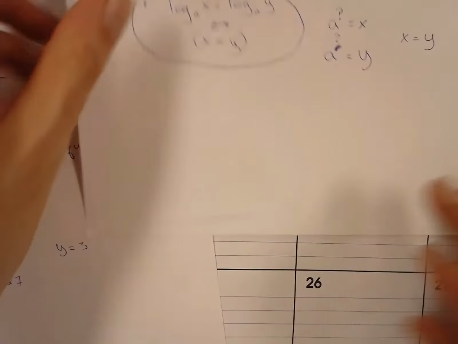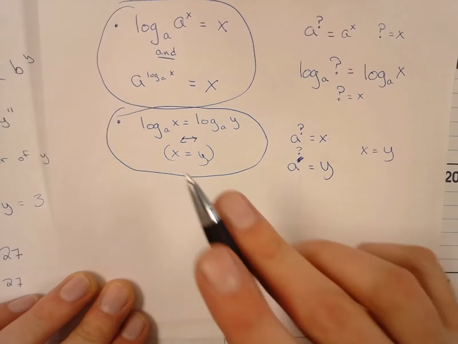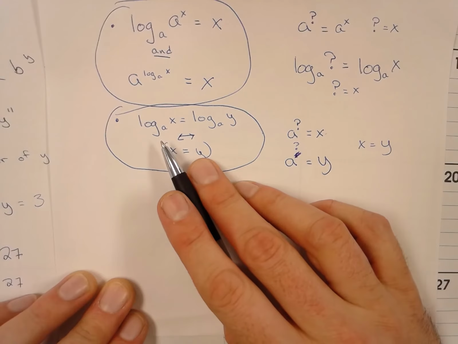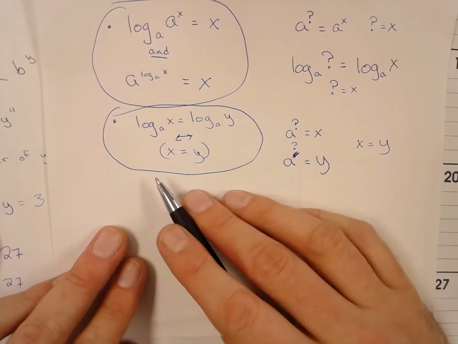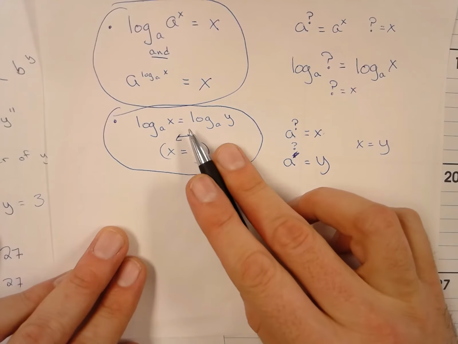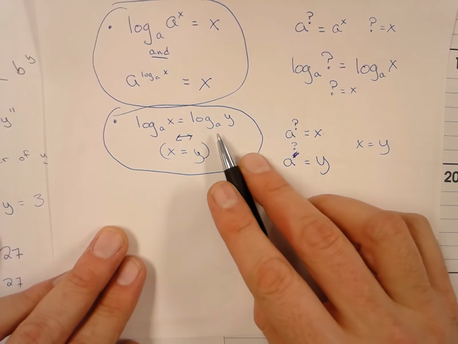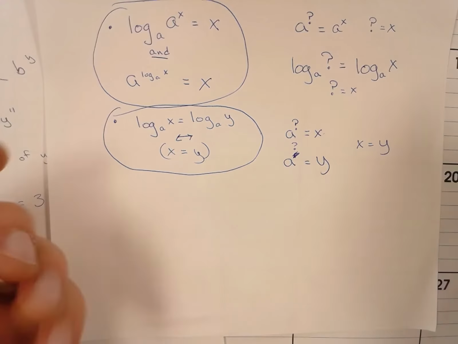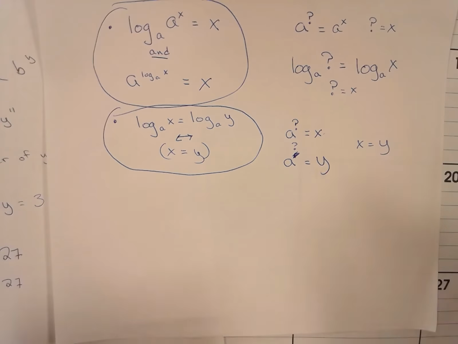And the final property from that last video, the one-to-one property: log base whatever number of one value equals log base of that same number of another value. That would only be true if those two values at the end equal one another.